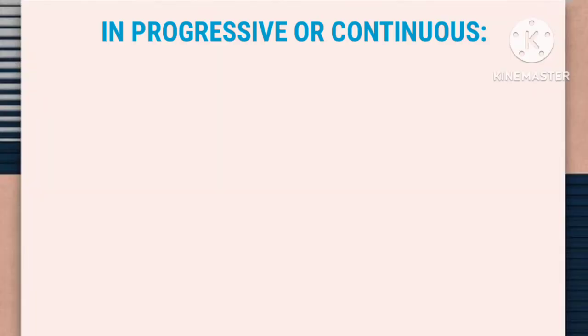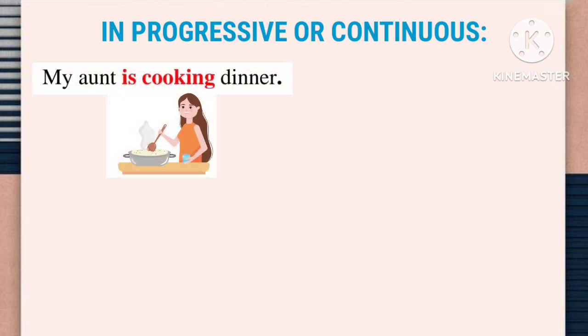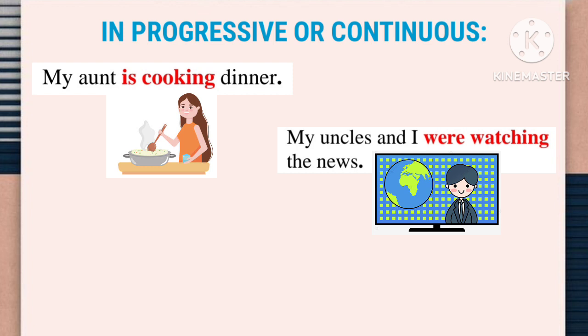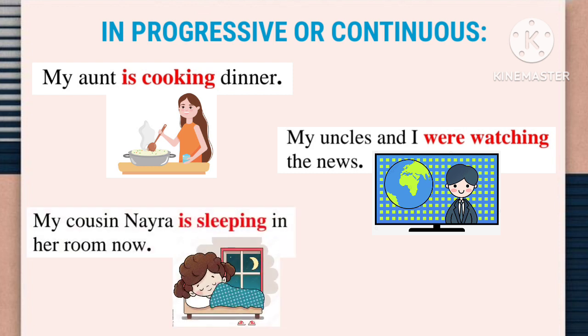Progressive or continuous indicates an action that is happening now and has not yet finished. Example: My aunt is cooking dinner. My uncle and I were watching the news. My cousin Nairan is sleeping in her room now.